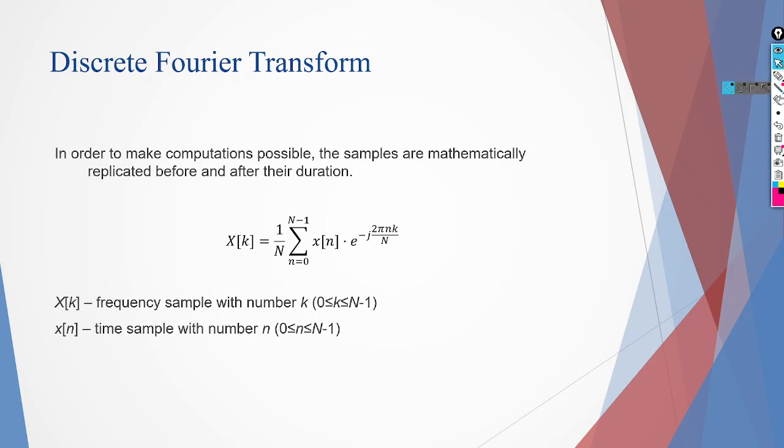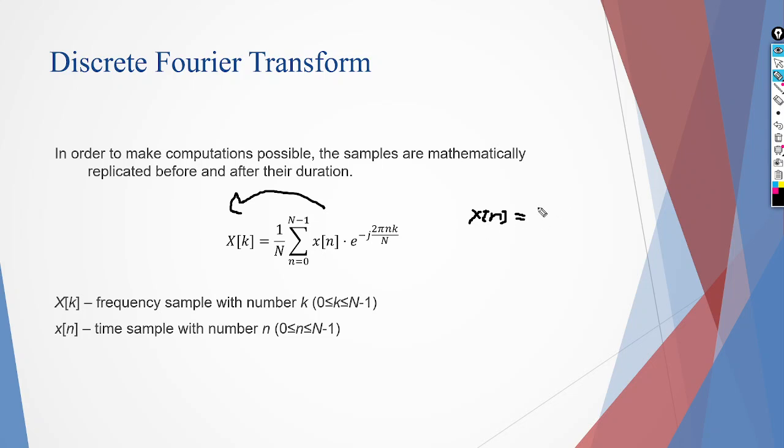Now, what you need to realize is that there also exists a similar formula to perform this operation in reverse, say x small letter of n, that is, to find the signal value based on your spectrum.